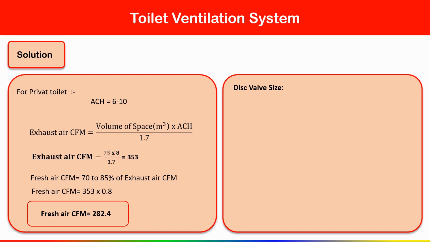Now see how to do the disc valve size. I have already shown you that some standard sizes of disc valve are available: 4-inch, 6-inch and 8-inch disc valve. With a 4-inch disc valve, you can exhaust 15 to 100 CFM of air.